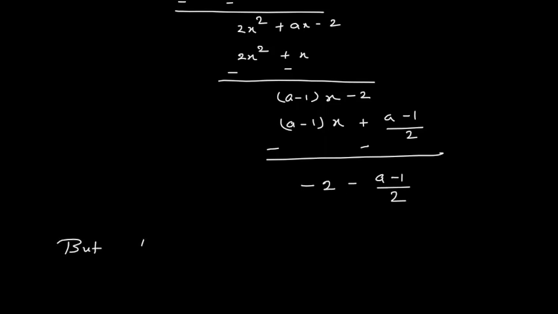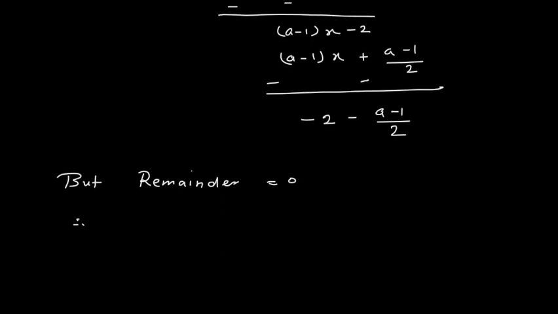but we know that remainder is 0. So therefore this value, which is minus 2 minus a minus 1 divided by 2, should be equal to 0. So therefore minus 2 I will keep here and I will move a minus 1 divided by 2 to the right.